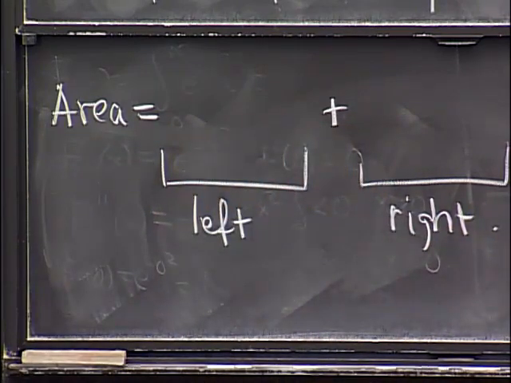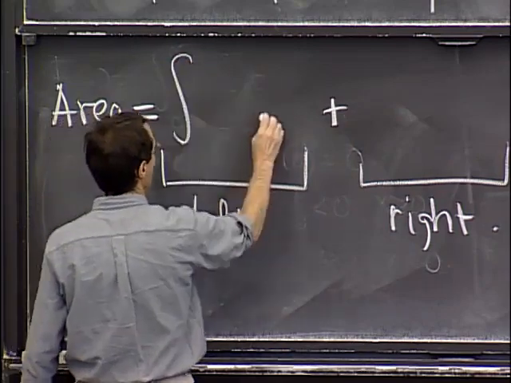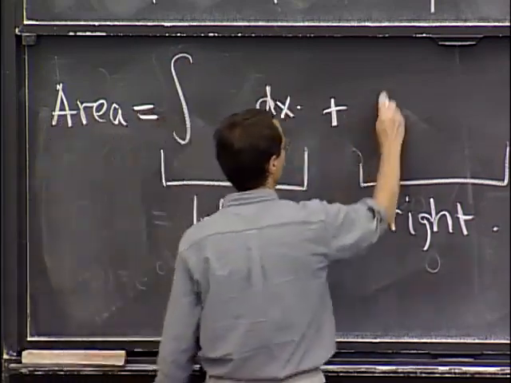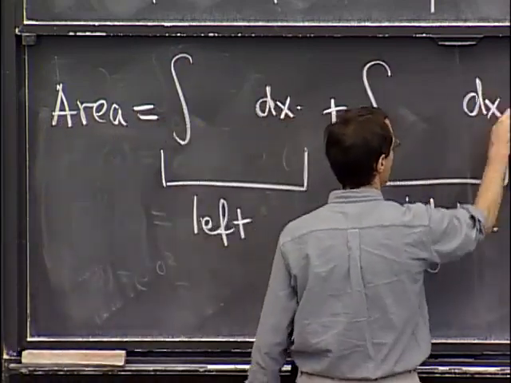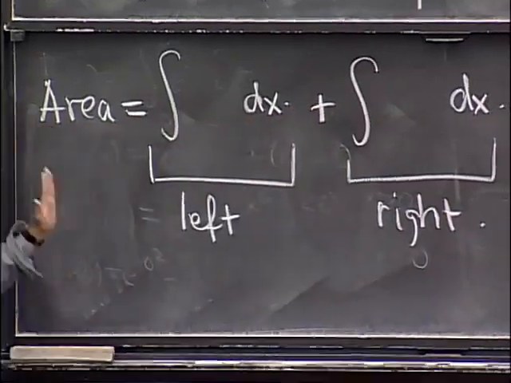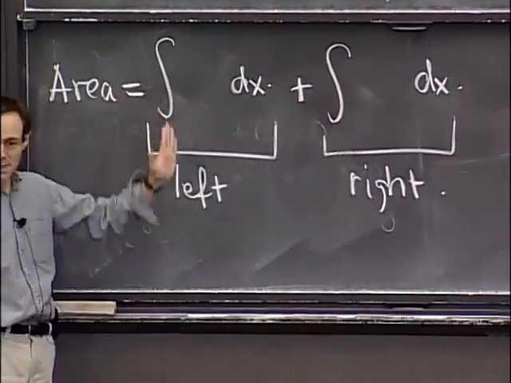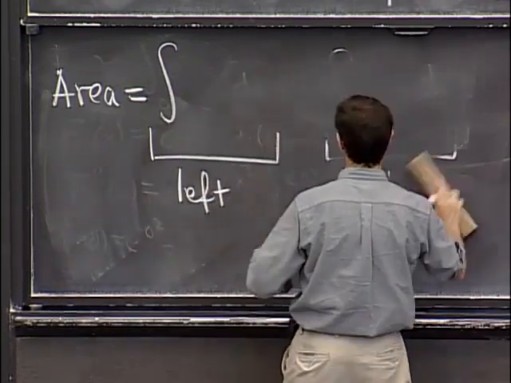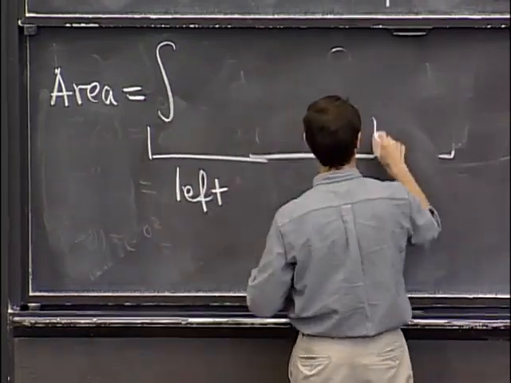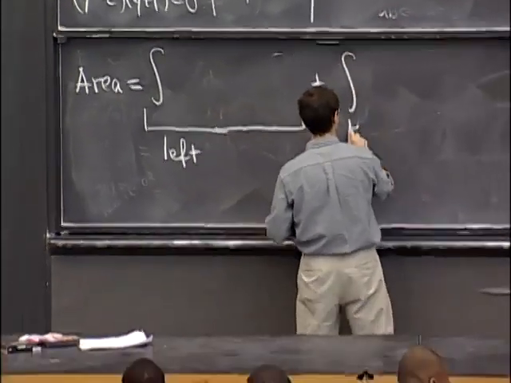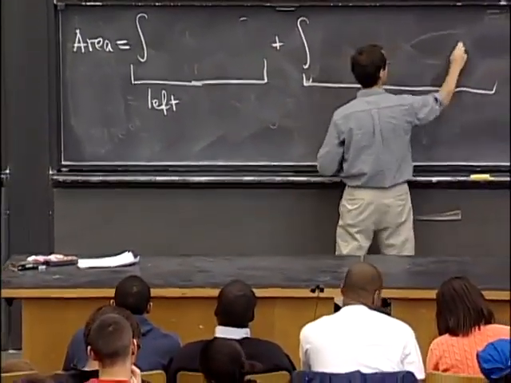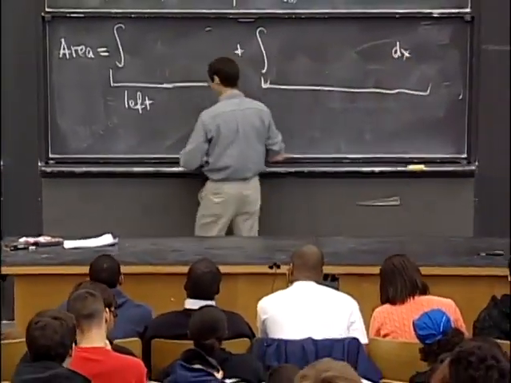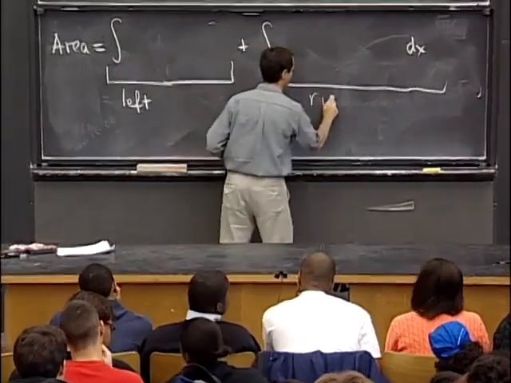And the left part, I want to set it up as an integral. I want there to be a dx. And here I want to set up an integral, and I want it to be dx. I need to figure out what the range of x is. So first I'm going to, whoa, let's leave ourselves a little more room than that. Just to be safe. Okay, here's the right.